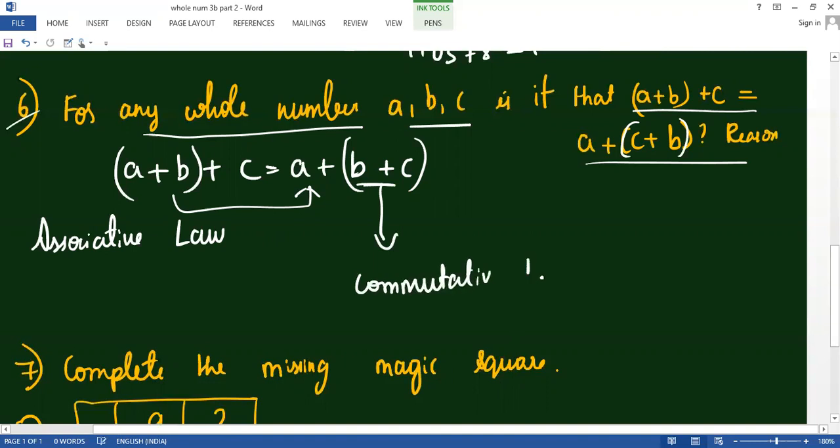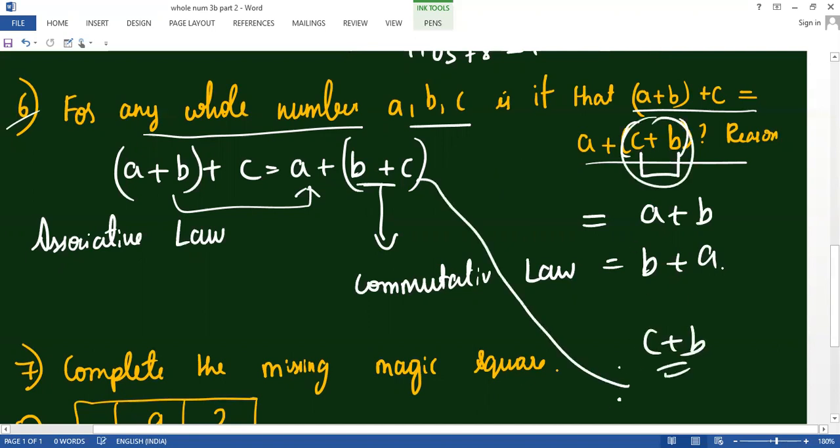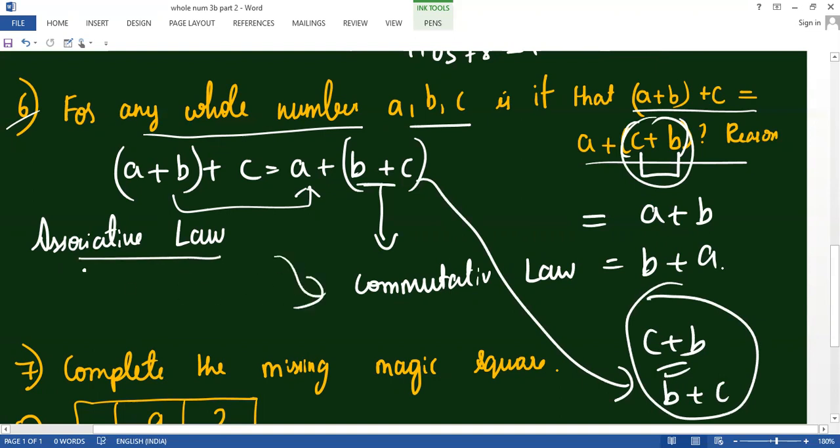The commutative law says that A plus B is equal to B plus A. So in this case also it is the same thing: C plus B is equal to B plus C. We can give this as the reason. So this is proved by the associative law as well as the commutative law.